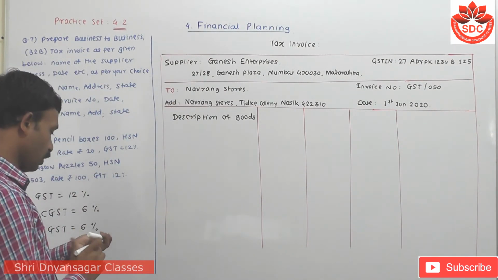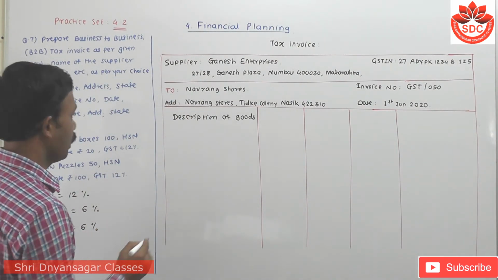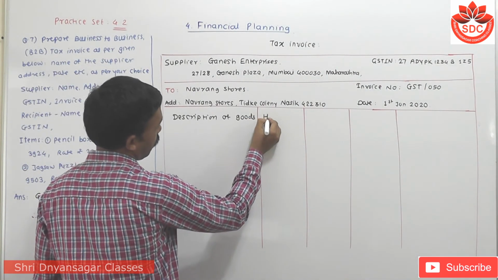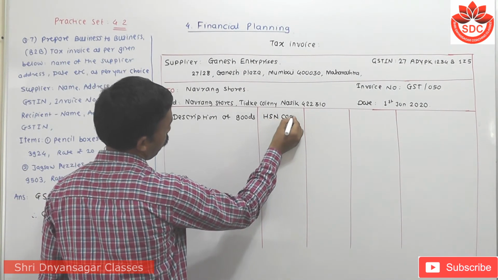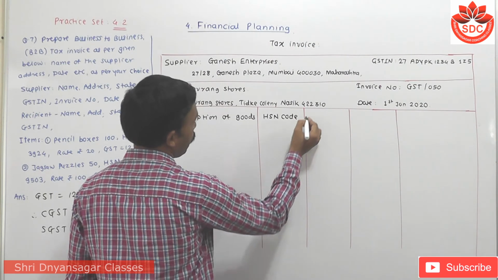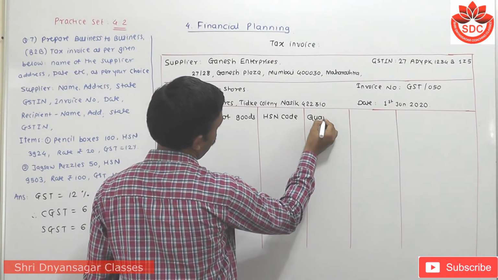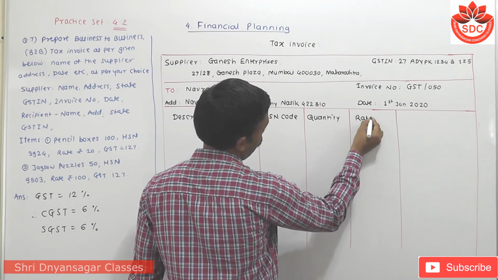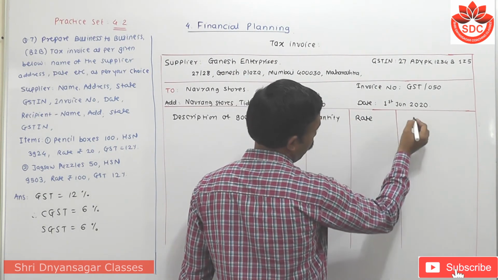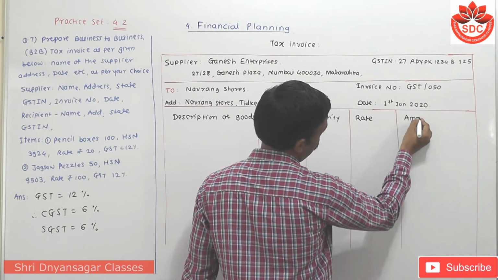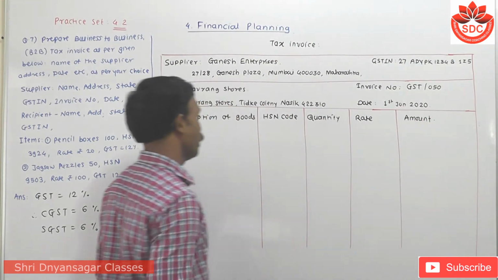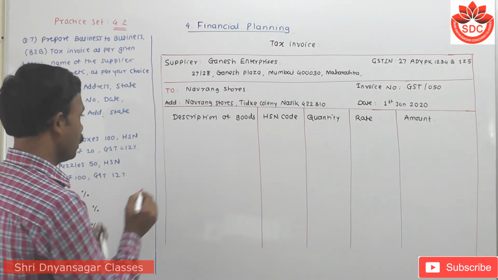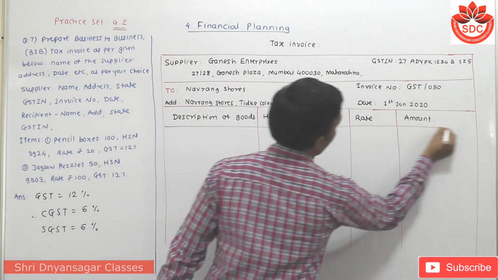Suppose now for this I have to write, second one is HSN code. Third point is quantity. Fourth point is rate. And last point is amount in rupees.